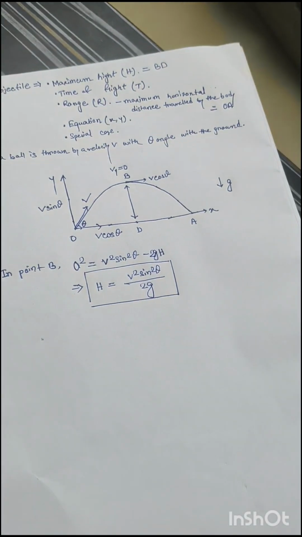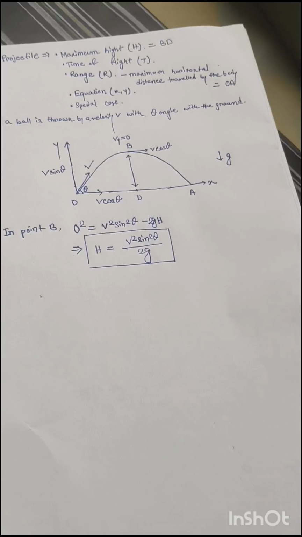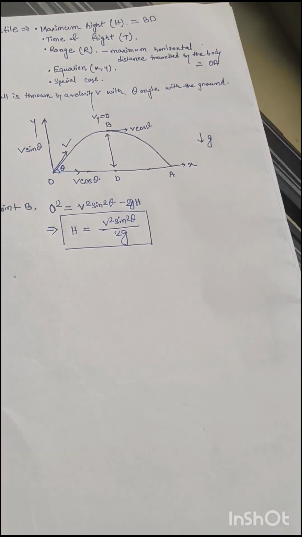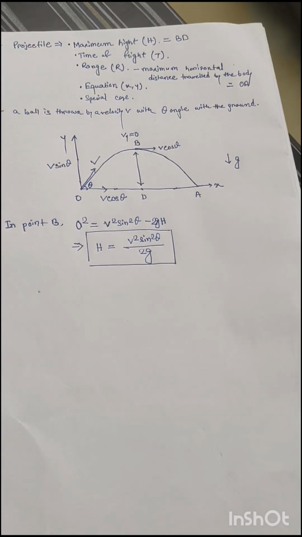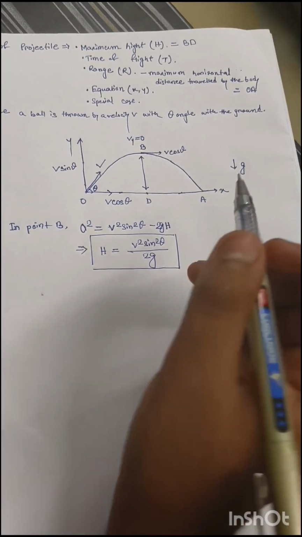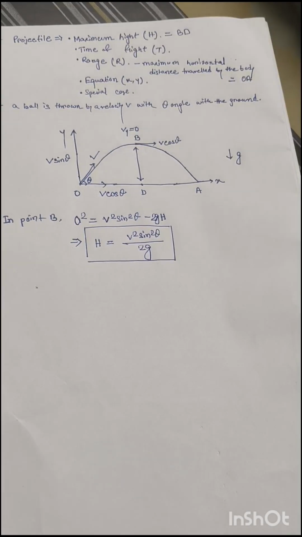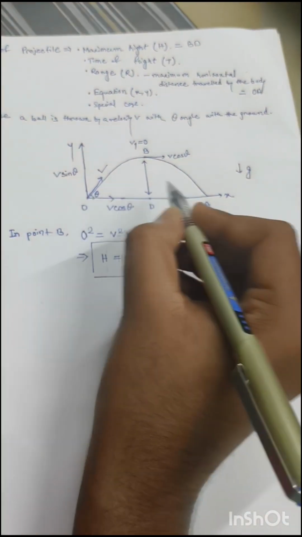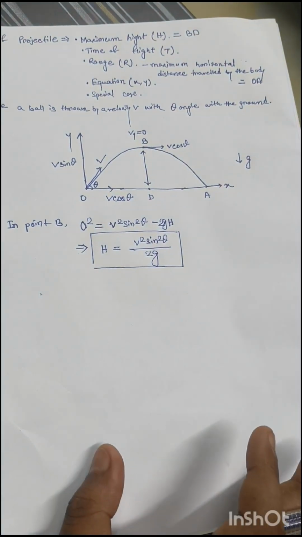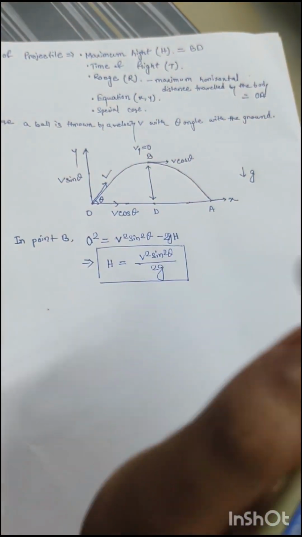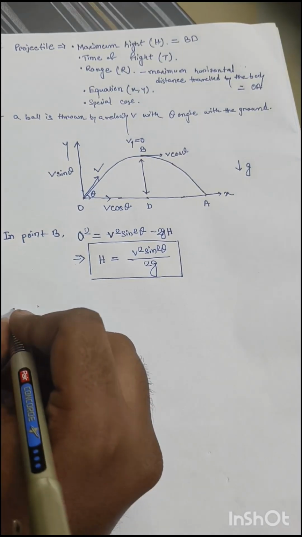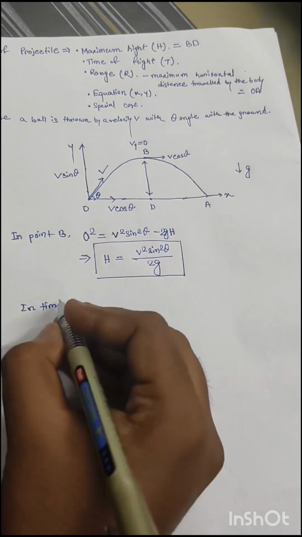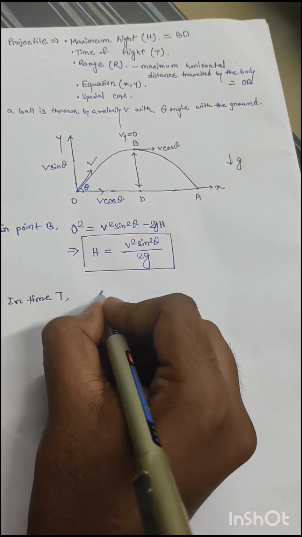Now what is the time of flight? For time of flight we use the definition of a vector. For a vector we know that it does not depend on the path or trajectory. It depends on the final and initial point. Here the final and initial height is 0 for O. So for the time of flight, the height equals 0.